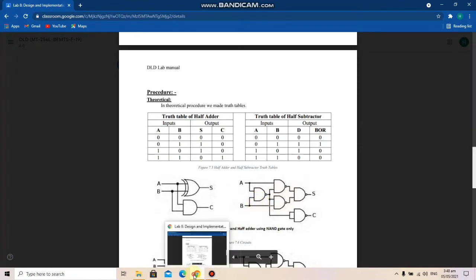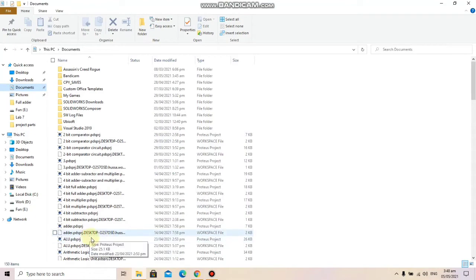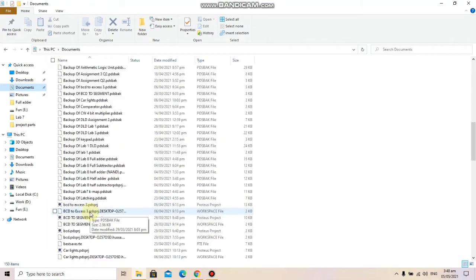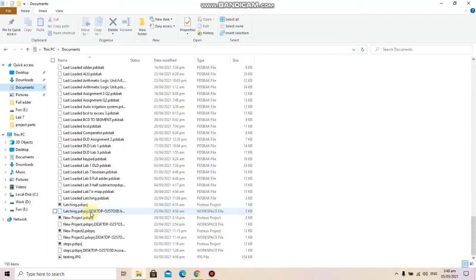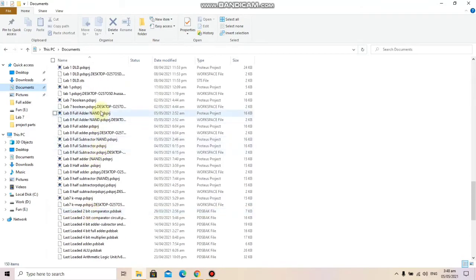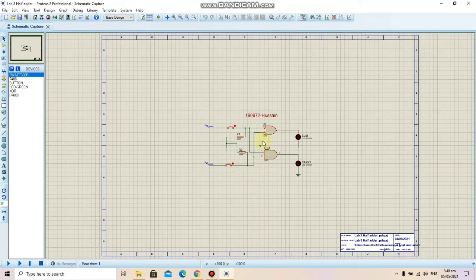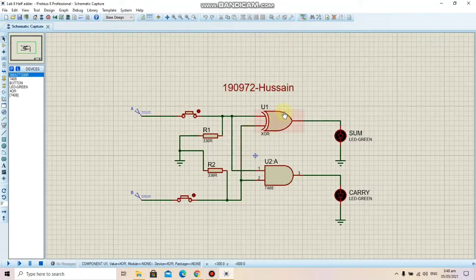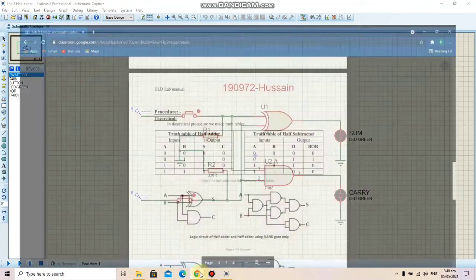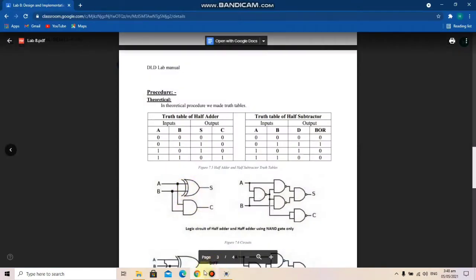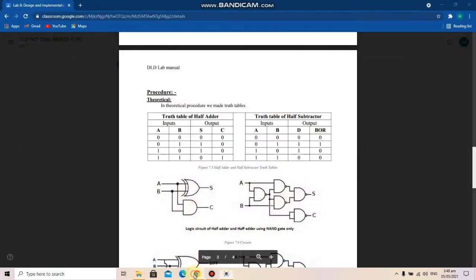Now let me show you the implementation of this. Here you can see I have created the half adder as shown in this logic circuit with one XOR gate and one AND gate.